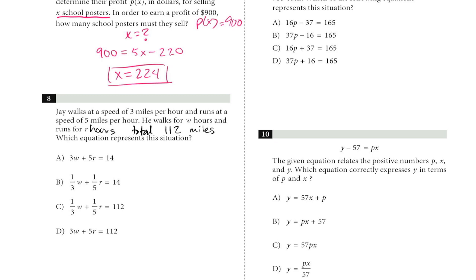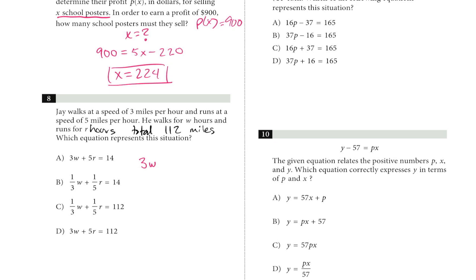So if we walk at 3 miles per hour, we'd want to multiply that by however many hours we are going to walk. Well, they told us that J is going to walk for W hours. So we do 3 times W. So that's 3W, how many miles J in total walks for however many hours he decides to walk.